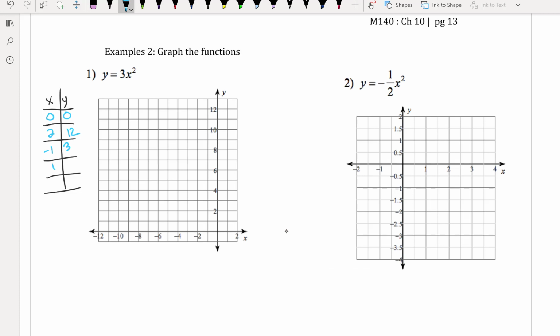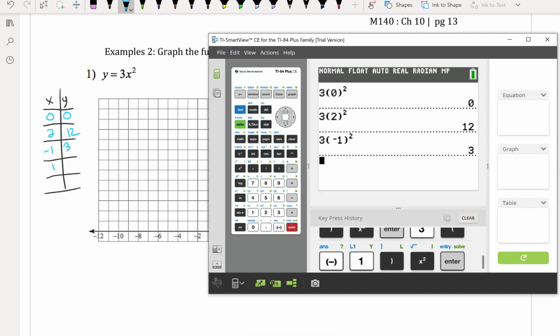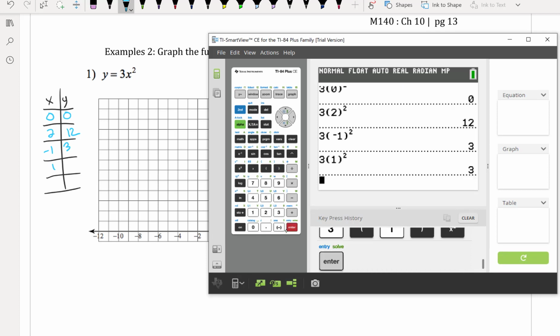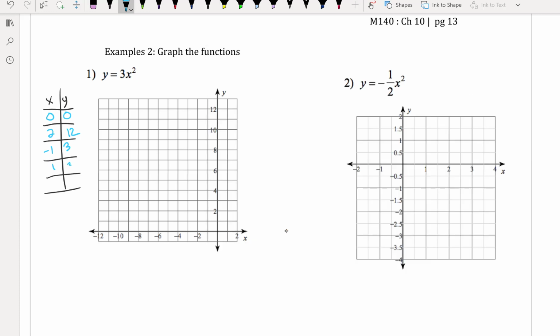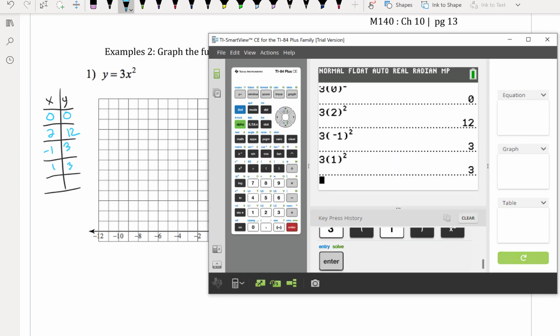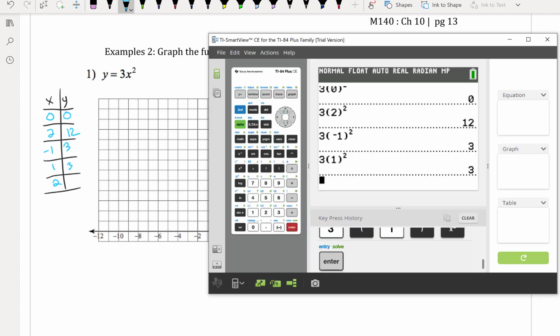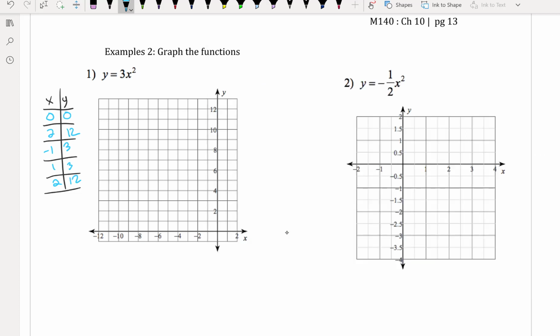So that helps. Let's see what happens with a positive 1. So 3 times 1 squared, and I get positive 3 as well. And why not just check to see what happens when you get a negative 2? So I'm going to have 3 times negative 2 squared, and my value there is a positive 12 as well. So now I have some values that I can plug in.